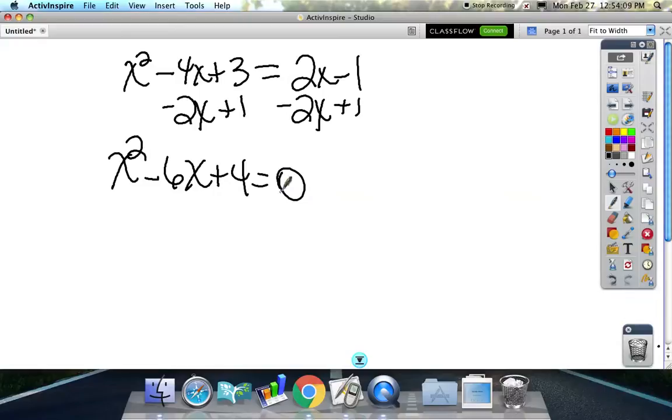Now, I have another quadratic here. How do I know it's a quadratic? It's not 3x plus 4 equals 0. How do I know it's a quadratic?